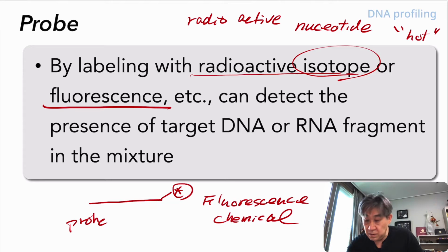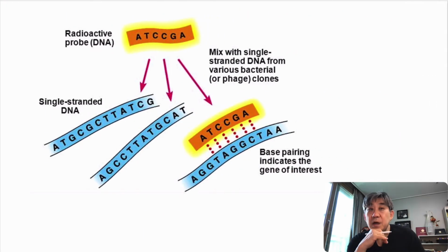It's that simple. So that's how you use your probe. This little figure describes the basic principle of how to use the probe DNA. So this is a probe as a short fragment. Once again, the point is, you don't have to use a probe which is the same length as your target DNA. It can be much smaller.